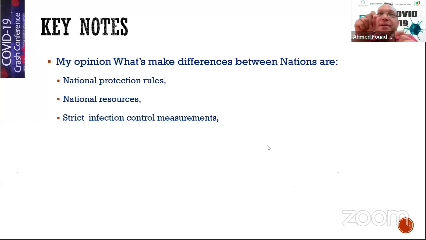Ambu bagging with a closed circuit, with the tube, is different from a bag valve mask. With ambu bagging and a portable ventilator, we have many portable ventilators, and it will be safer. But I'm saying in a very critical situation, if you don't have portable ventilators, you have to take all the precautions.